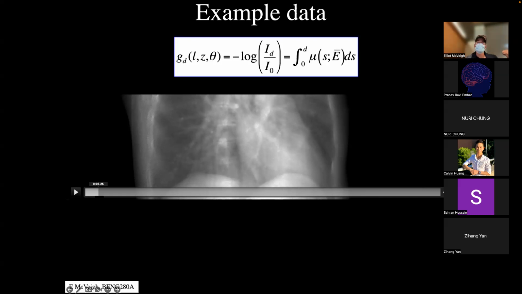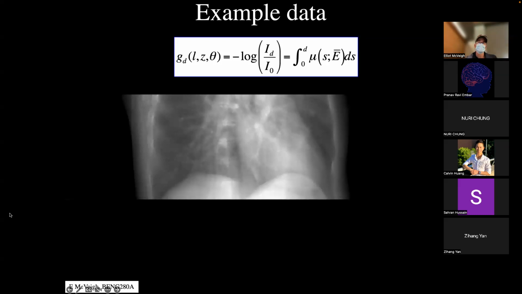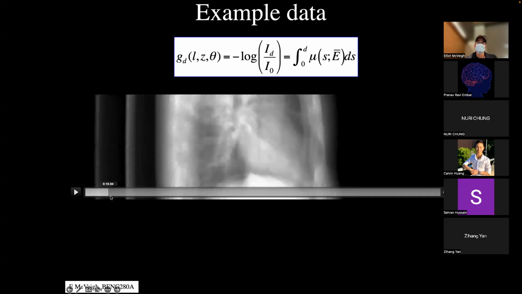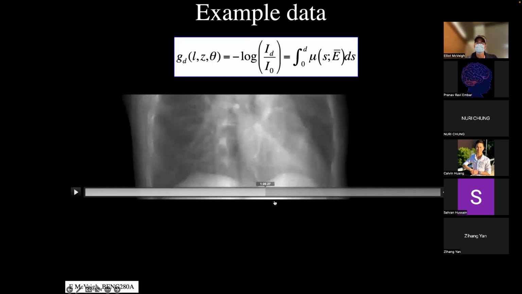Back in the introduction, when we played a movie and you saw the heart beating, that was 1 second of data. And then you reconstruct it at, let's say, 100 millisecond intervals or whatever, and you get a 10 frame movie. So that's why there's a lot of this data. It's just going around and around.